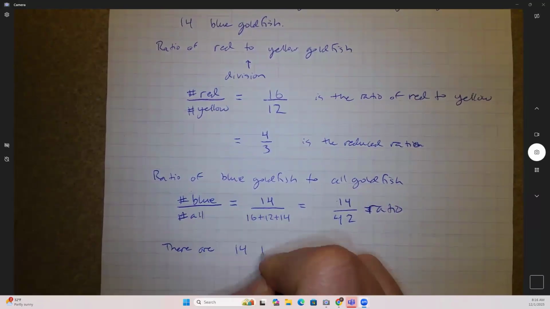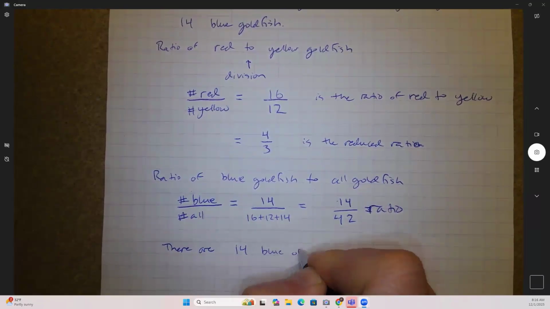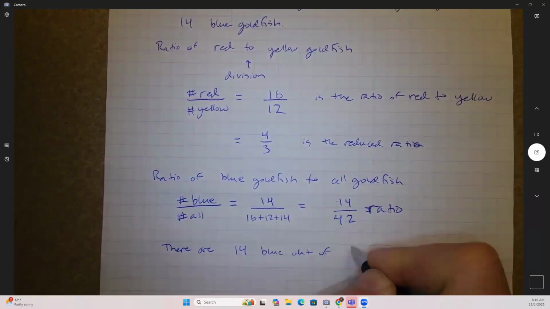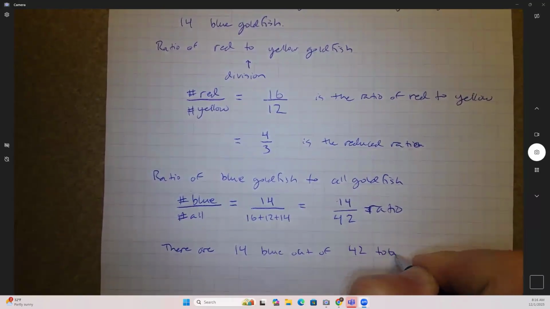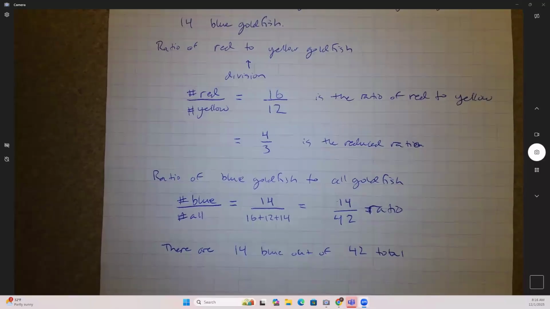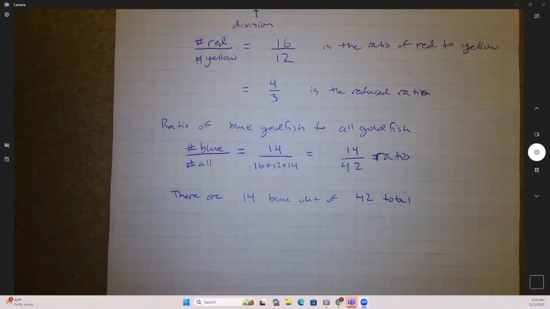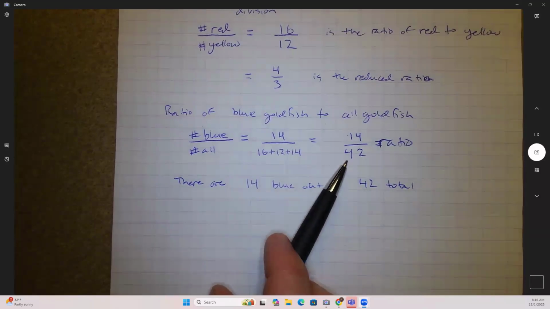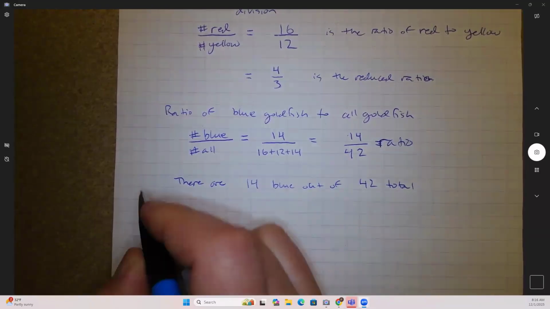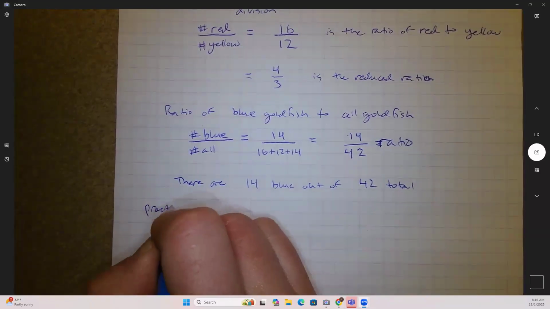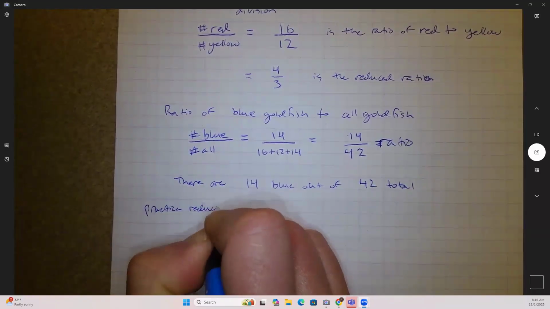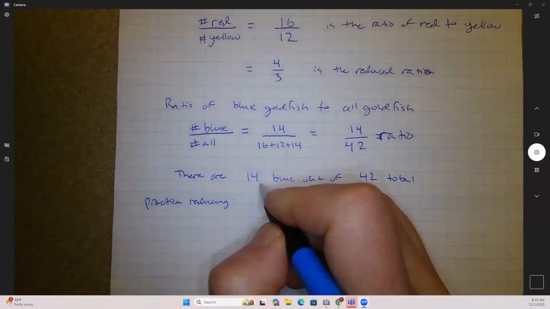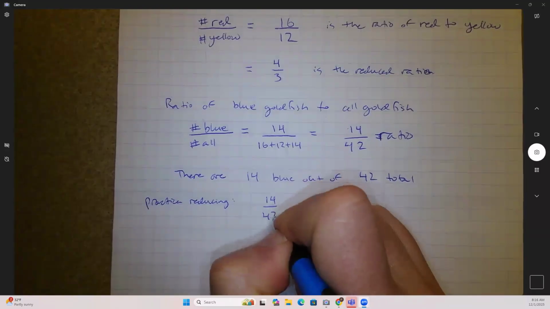There are 14 blue out of 42 total goldfish. And this one reduces. Both 14 and 42 are even. And also both 14 and 42 divide by 7. So let's practice reducing by hand. 14 over 42.